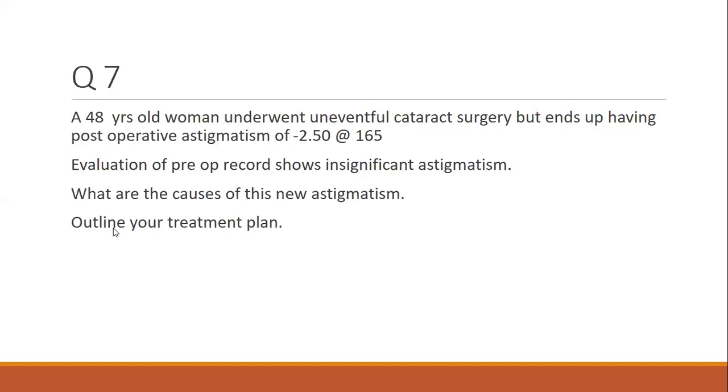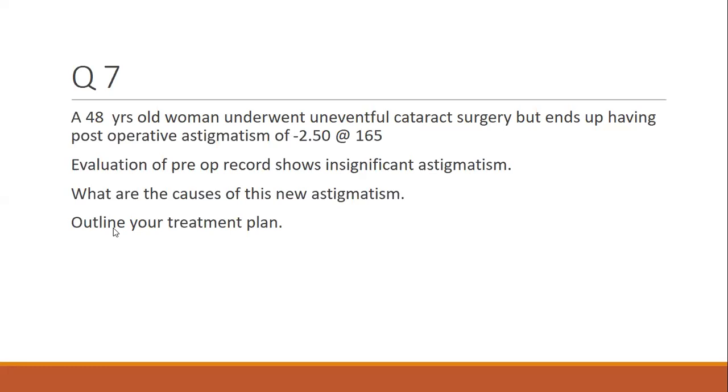The cause of this newly developed astigmatism can be, first, maybe it was a corneal astigmatism that was compensated by the lenticular astigmatism. So after removal of the lens, the corneal astigmatism appeared.